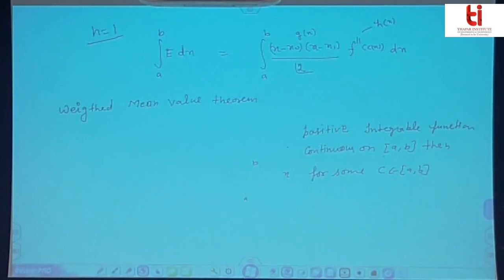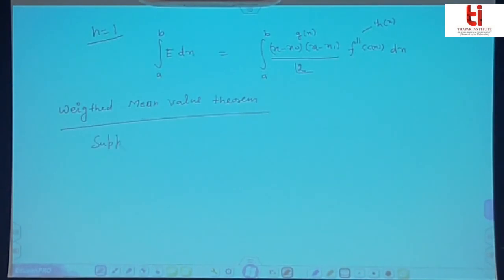One more statement we can use. Suppose f belongs to C[a, b], the Riemann integral of g exists on [a, b], and gx does not change sign on [a, b].